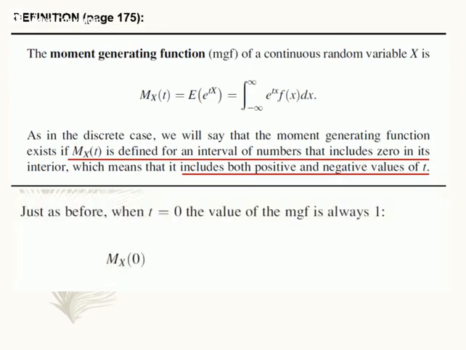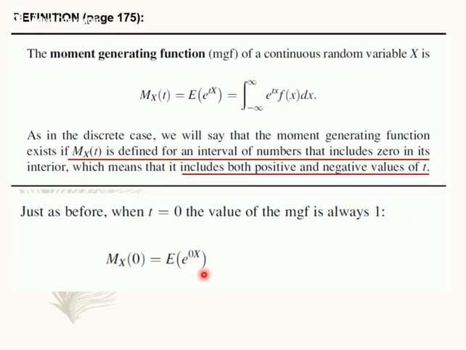The other property that also holds for the continuous is this one. If you take t equal to 0, the moment generating function must be equal to 1. So this is very easy to prove, so we'll do it very quickly here. You start off with M_X(0), which is just substituting 0 in place of t into the moment generating function.